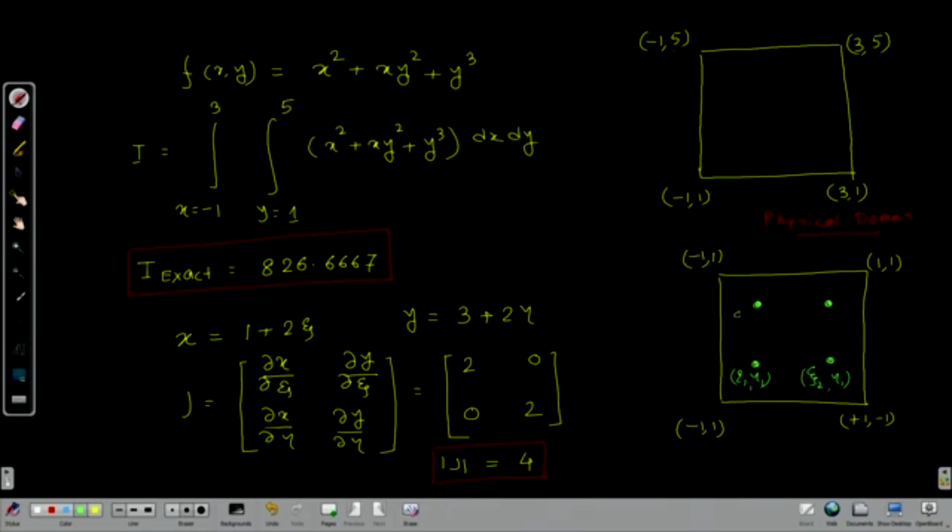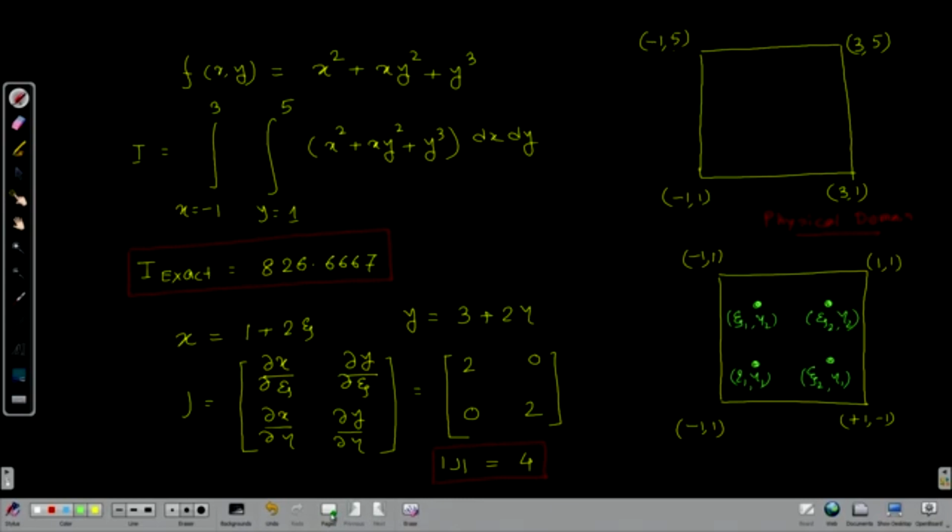Similarly, this is xi1 eta 2, and this is xi2 and eta 2. The coordinate of xi1 is minus 1 by root 3, xi2 is plus 1 by root 3, eta 1 is minus 1 by root 3, and eta 2 is plus 1 by root 3.